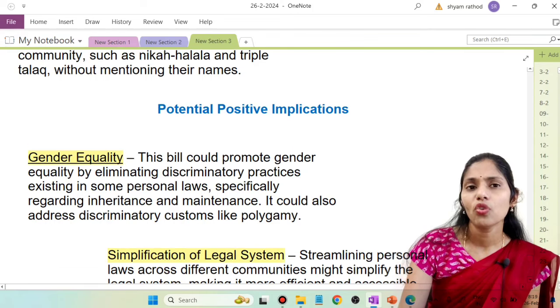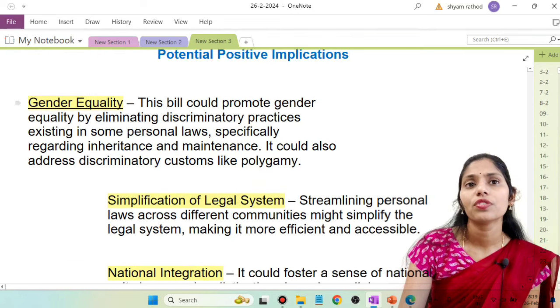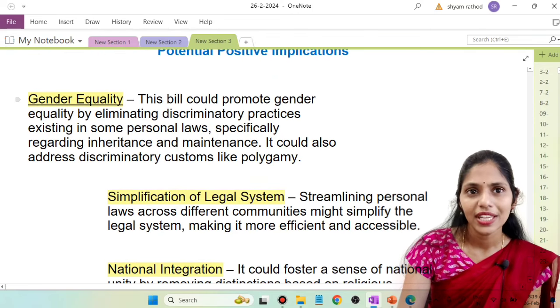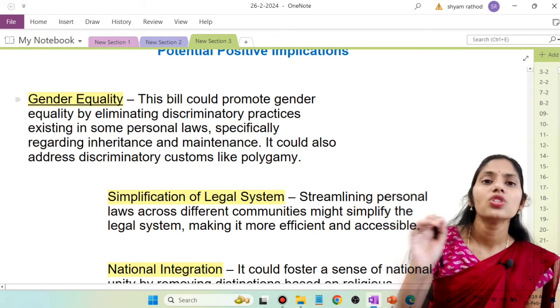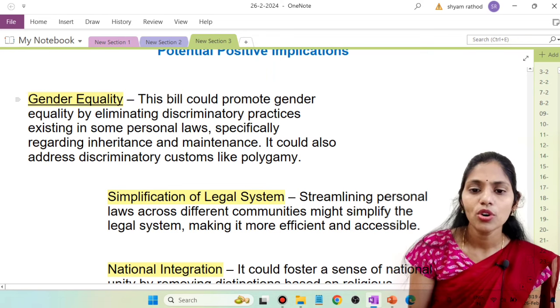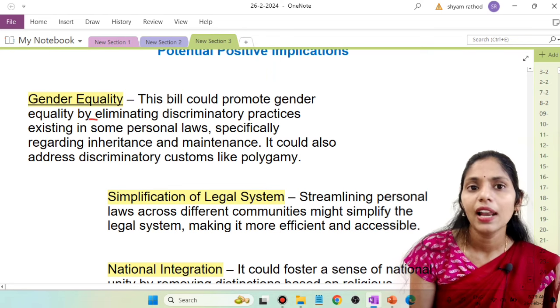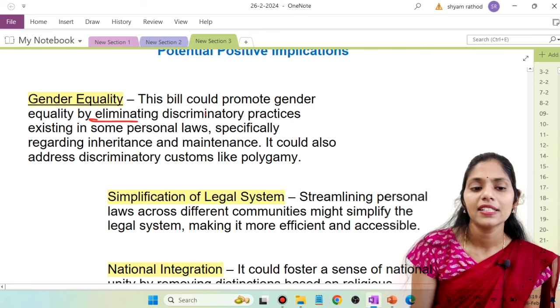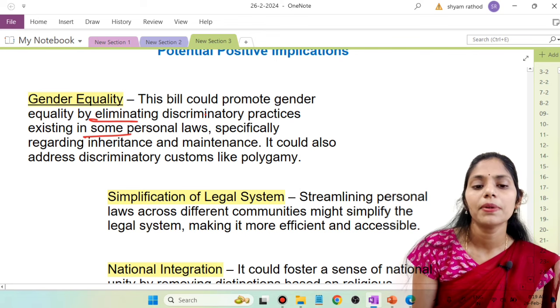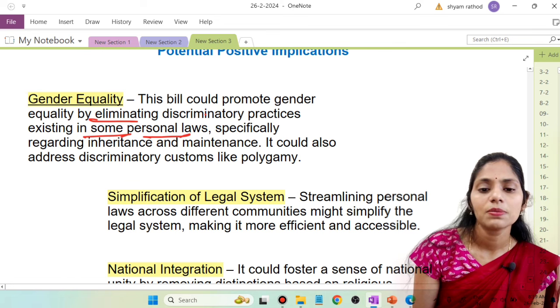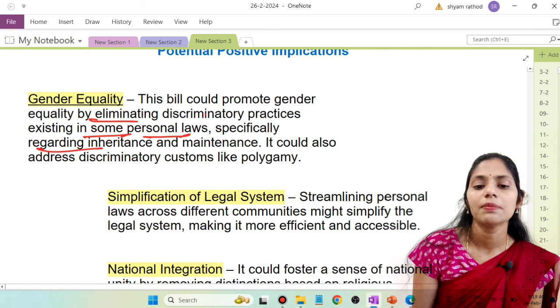And if we are talking about the positive implications of this uniform civil code, we can ensure gender equality. This bill could promote gender equality. It will eliminate discriminatory practices which exist in some personal laws, specifically regarding inheritance and maintenance.